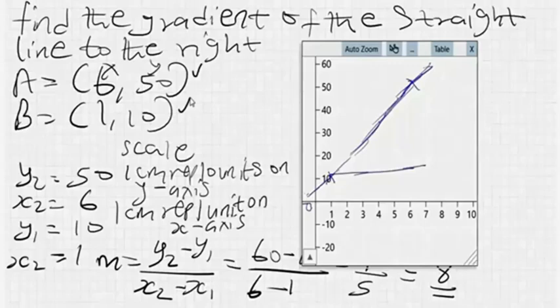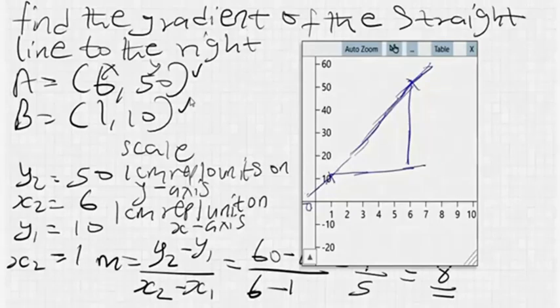This is where the y of 50 intersected with the x at 6, so you draw it down here. This is just like we're having a right angle triangle. This is the slope.